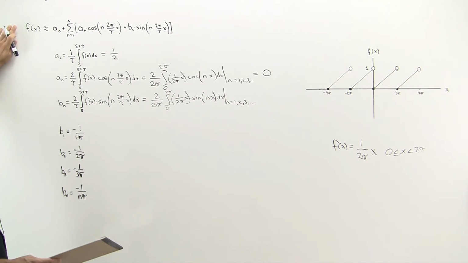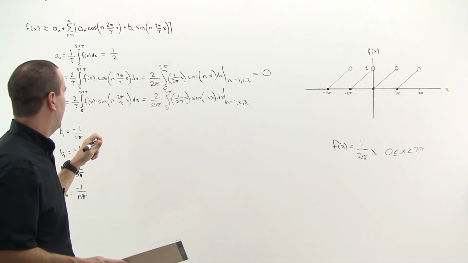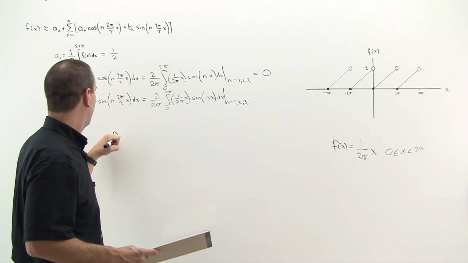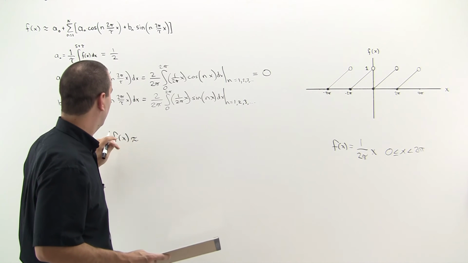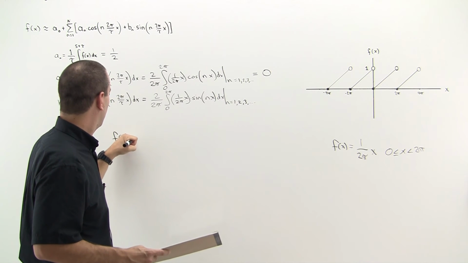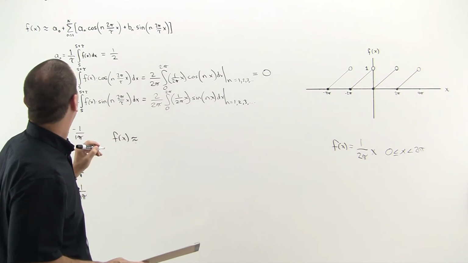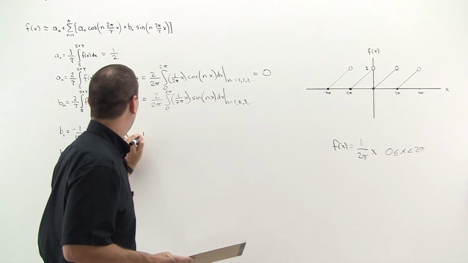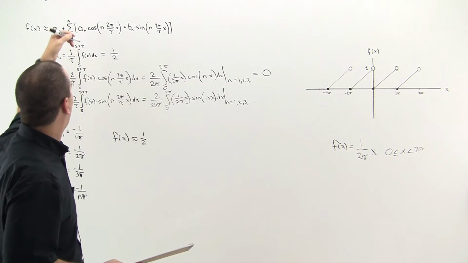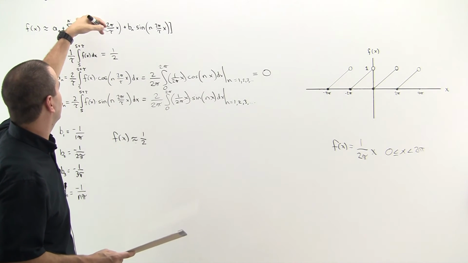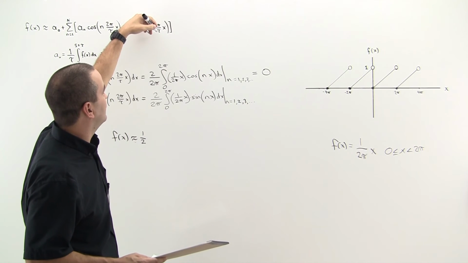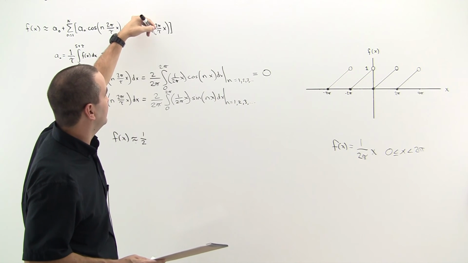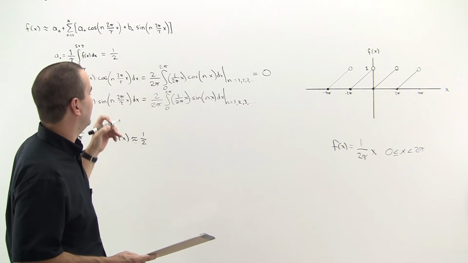So here's the final result is going to come from this. Right, so f of x is approximately equal to a0, which is 1/2, so we have 1/2. All of the a sub n's are 0, so these go away, and then we have these. You see, tau is equal to 2 pi, so the 2 pi over 2 pi is going to cancel, so it's just going to be a sine of nx each time.